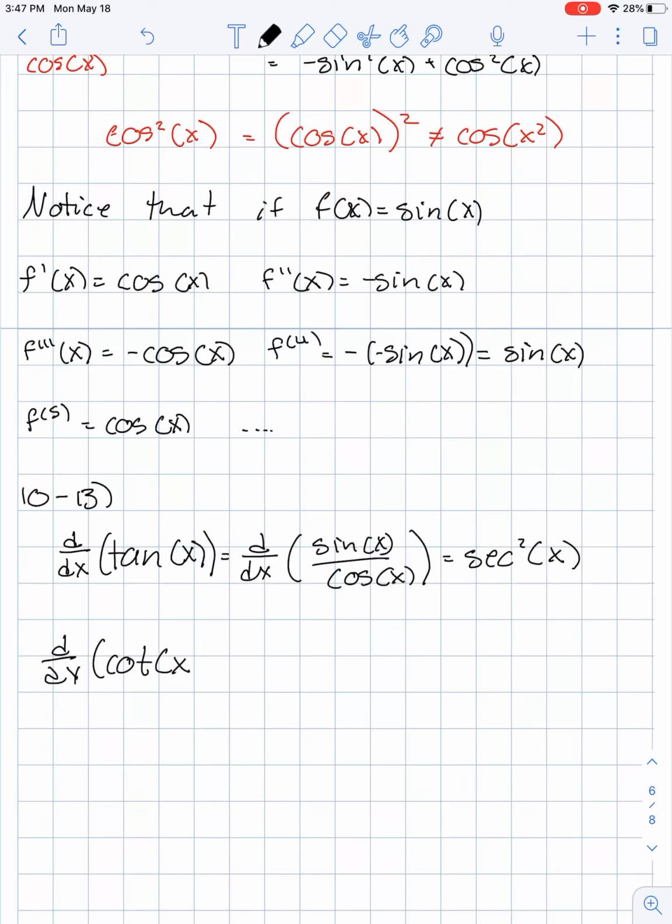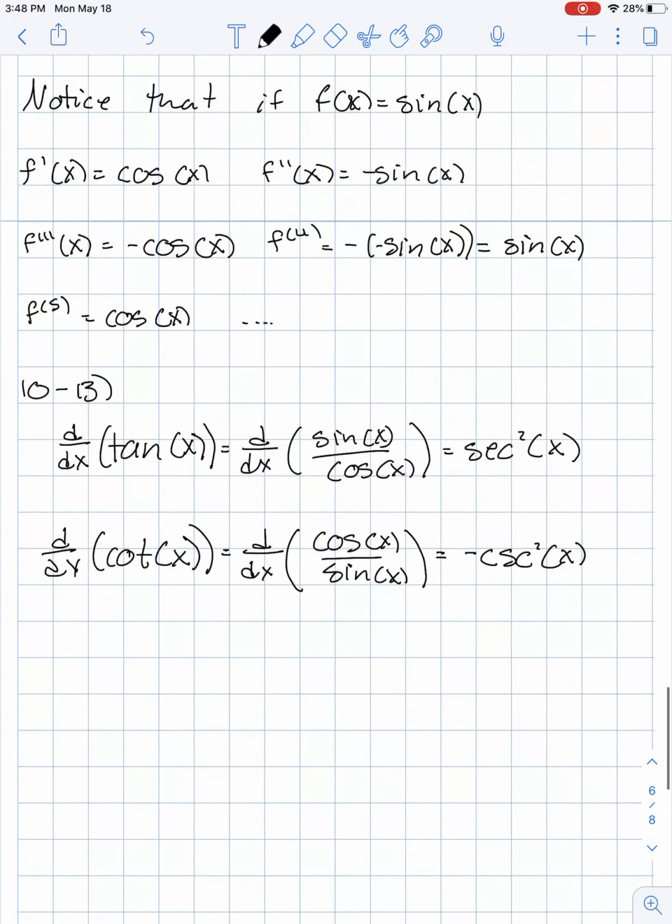So then the derivative with respect to x of cotangent of x is the same as the derivative with respect to x of, remember, cotangent is just 1 over tangent, or cosine of x divided by sine of x. It's good to know these just in case you forget the derivative of cotangent. You can derive it really fast.